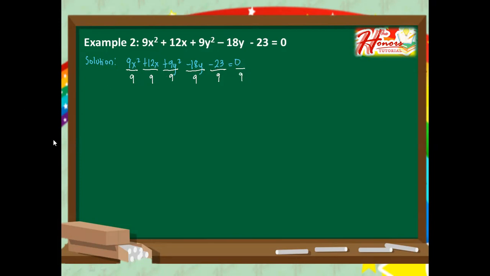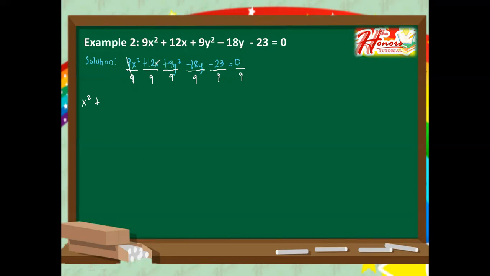Okay, let's continue solving. 9 divided by 9 is 1, so cancel this out and just copy x squared. And then plus, as you can see, we cannot solve 12 over 9 and have an answer which is a whole number. Don't worry about that because there's one thing that you can do.